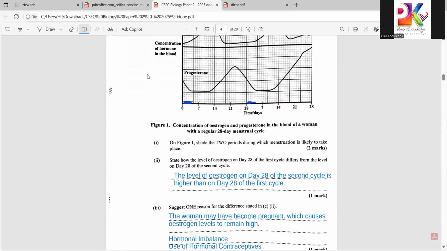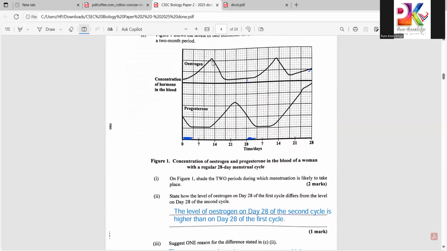Because remember, the cycle works like this. After menstruation occurs, estrogen is the first hormone that is released, and it is responsible for building the uterine lining, the womb. Around day 13 or 14, estrogen peaks, then after day 14 it starts to fall.